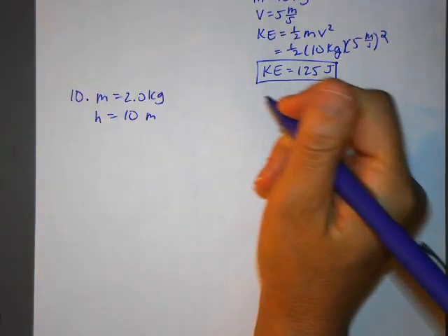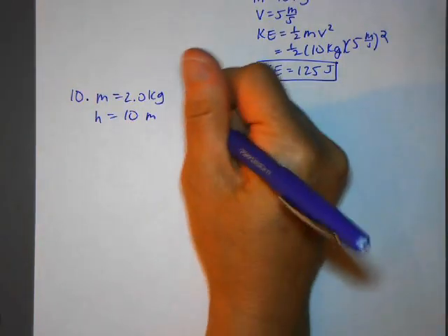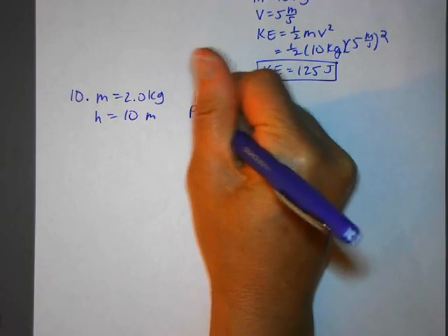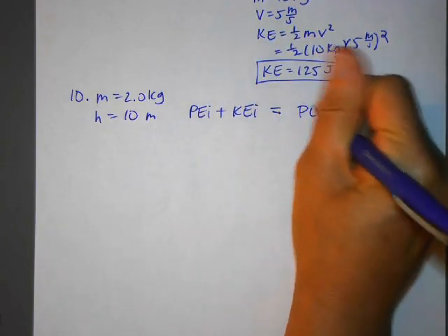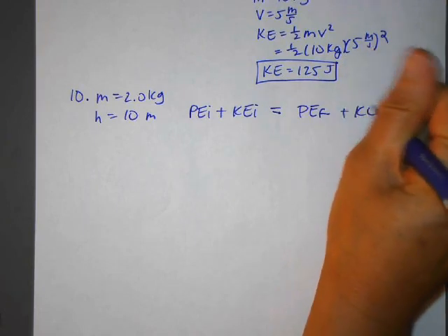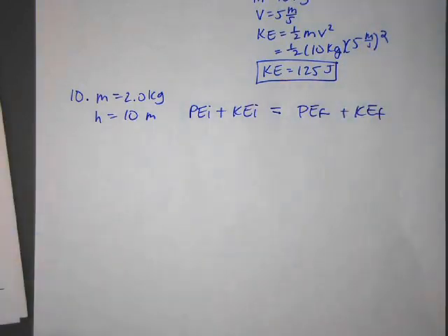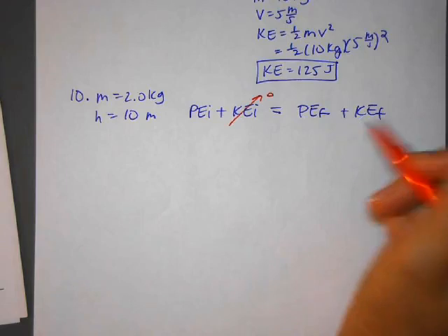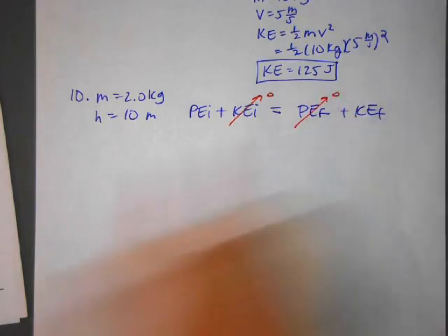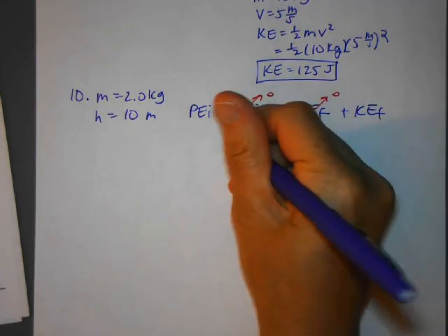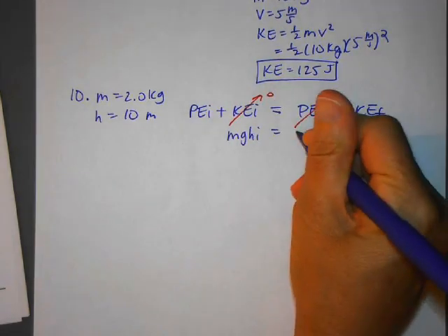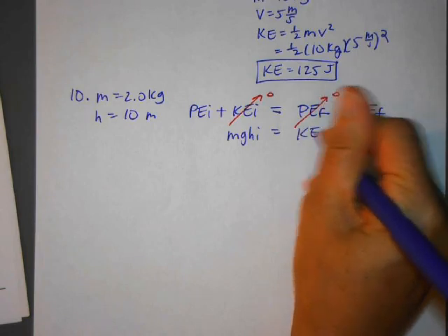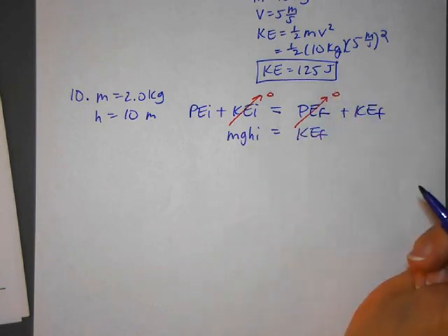So conservation of energy says the total energy before is the total energy after. So PEI plus KEI is equal to PEF plus KEF. Now initially, the kinetic energy is 0, and at the end, the potential energy is 0. So we have mgh equal to KEF. And that's all we want, the kinetic energy.